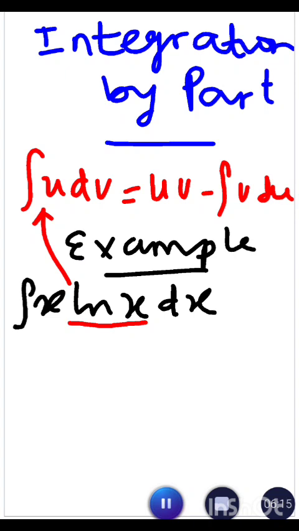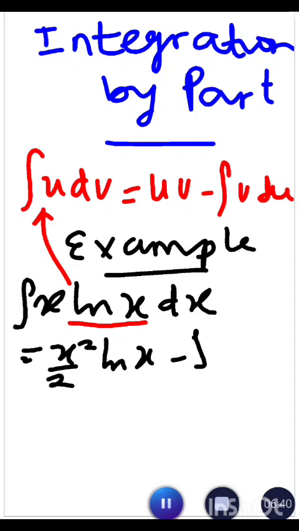the complete answer now is uv. Our u is ln x, then our v is x squared over 2. So we have x squared over 2 ln x minus the integral of v du.